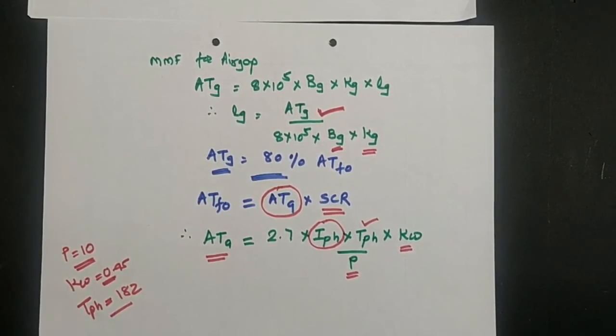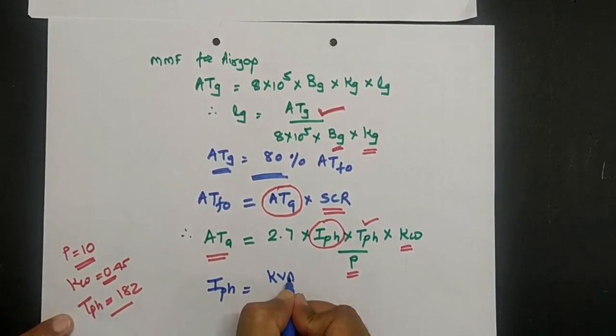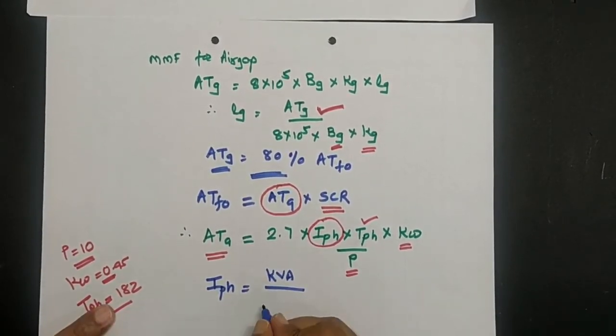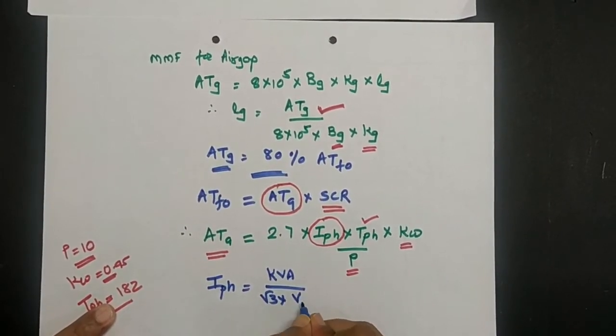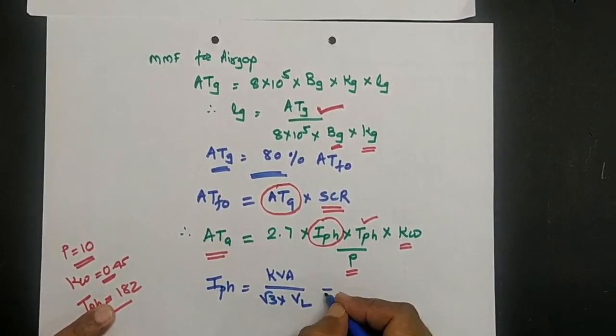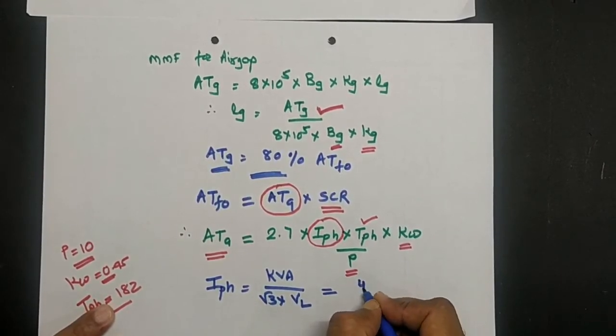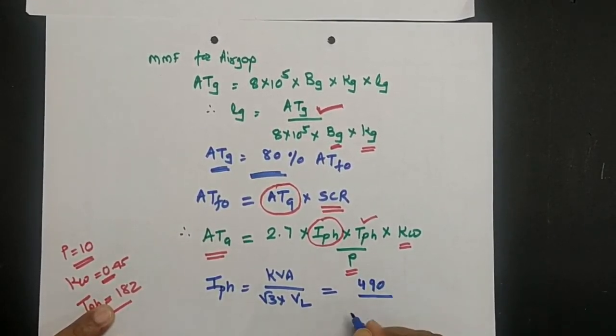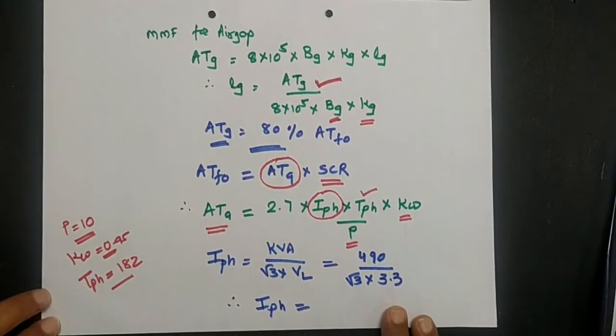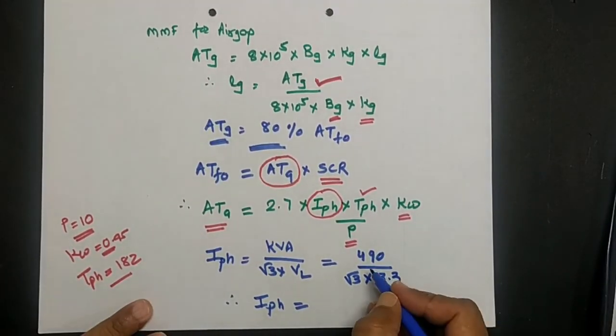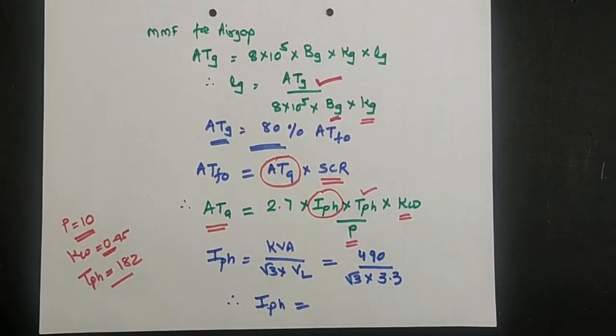Let us first calculate I phase, the current per phase. The equation is kVA divided by root 3 multiplied by line voltage. So 490 divided by root 3 multiplied by VL, where VL is given as 3.3.